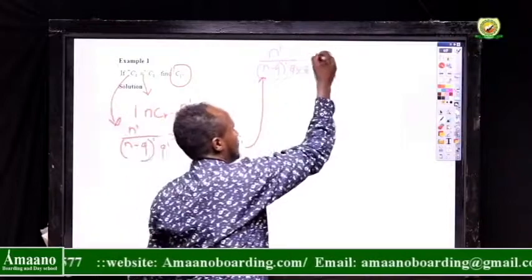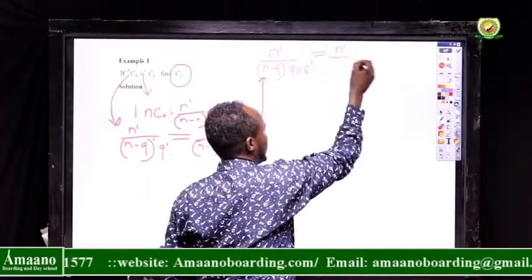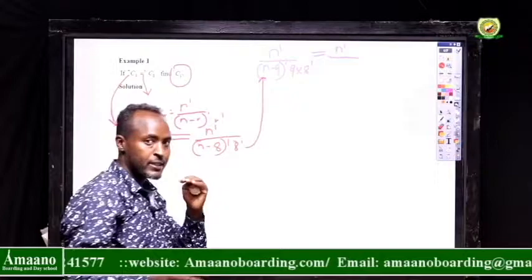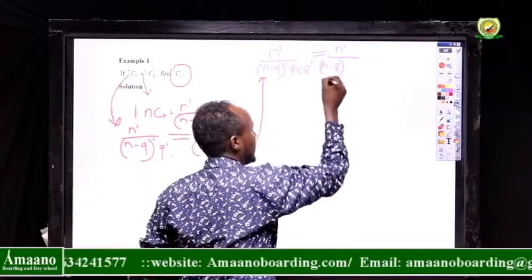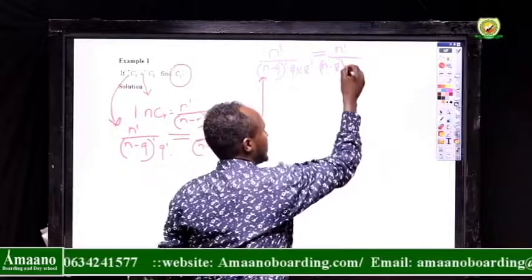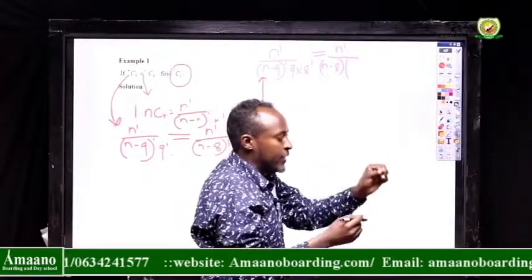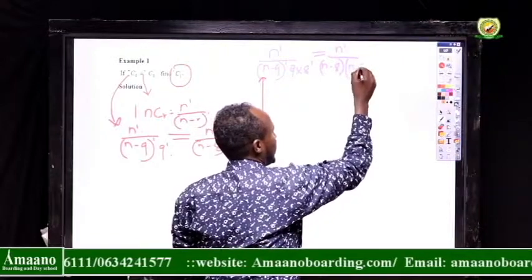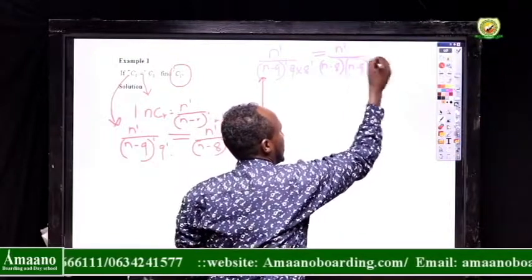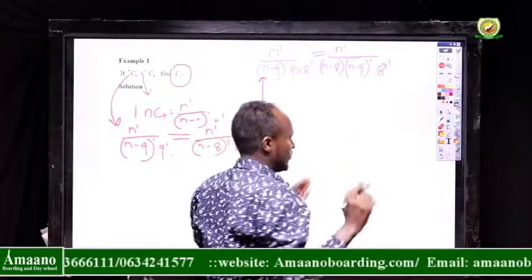From the other side, n factorial doesn't change, but n minus 8 factorial can be simplified as n minus 8 times n minus 8 minus 1, because it is decreasing, which goes to n minus 9 factorial times 8 factorial.